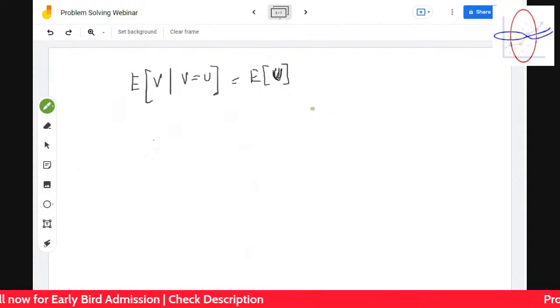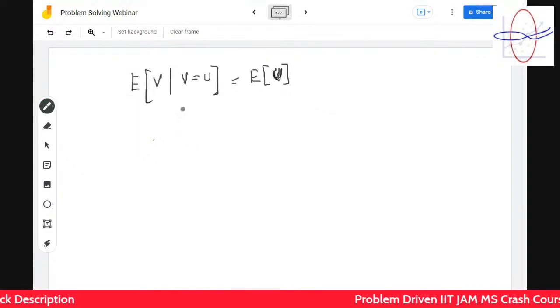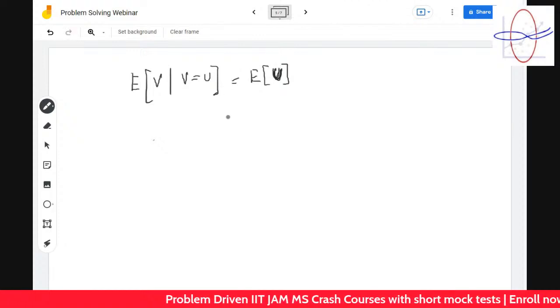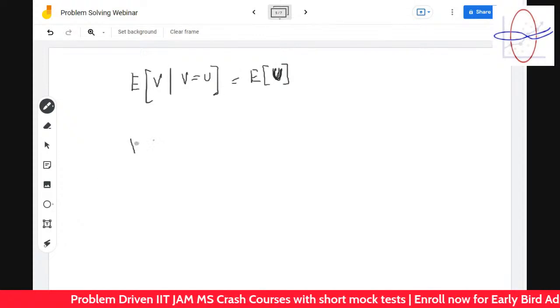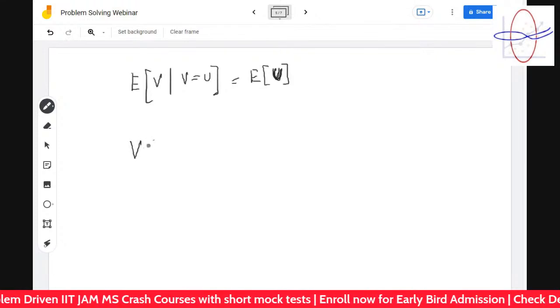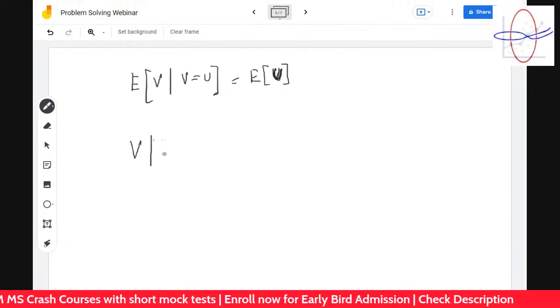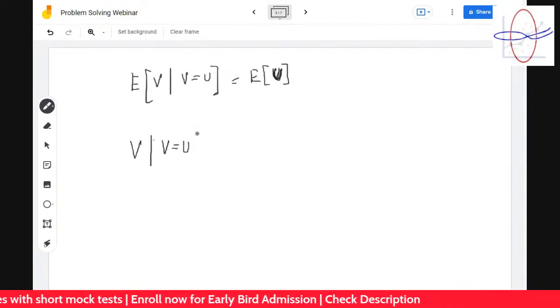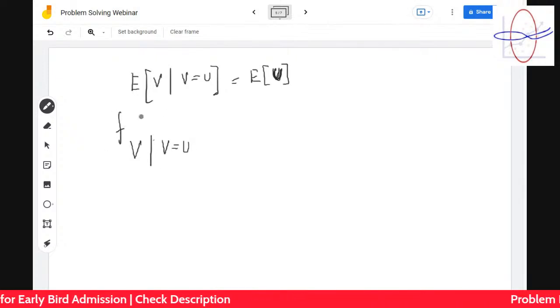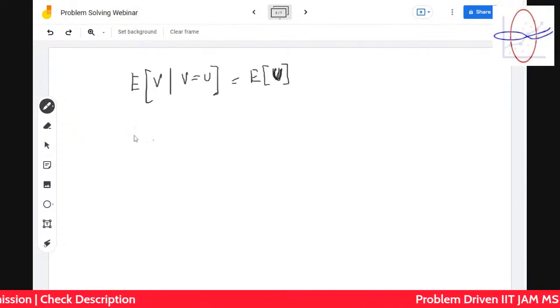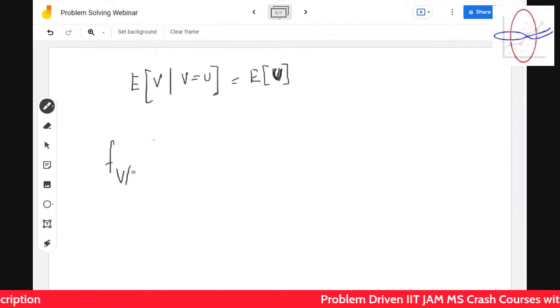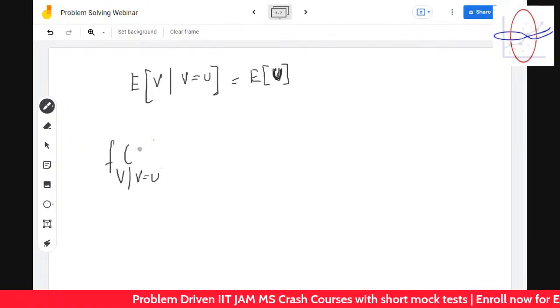Okay, let's prove it. Expectation of V given V is equal to U is equal to expectation of U. Let's understand this. So we need to find V given V is equal to U. So f of V given V is equal to U, let's do it for continuous random variables only.